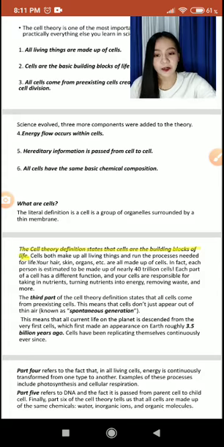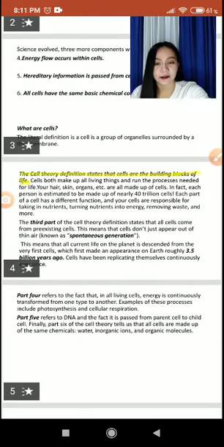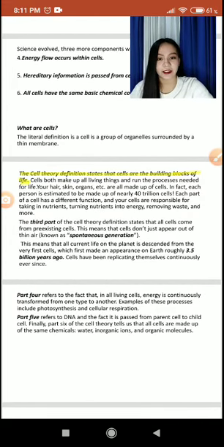The third part of the cell theory definition states that all cells come from pre-existing cells. This means that cells don't just appear out of thin air, known as spontaneous generation.